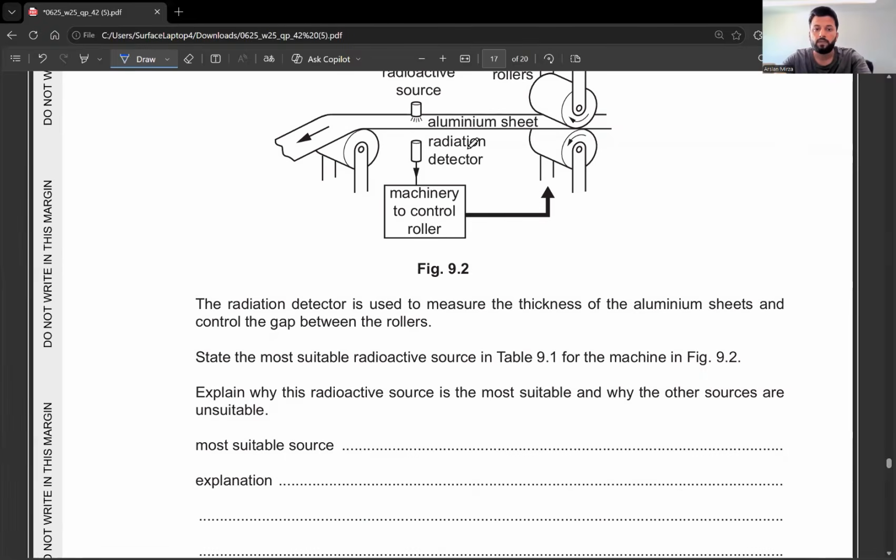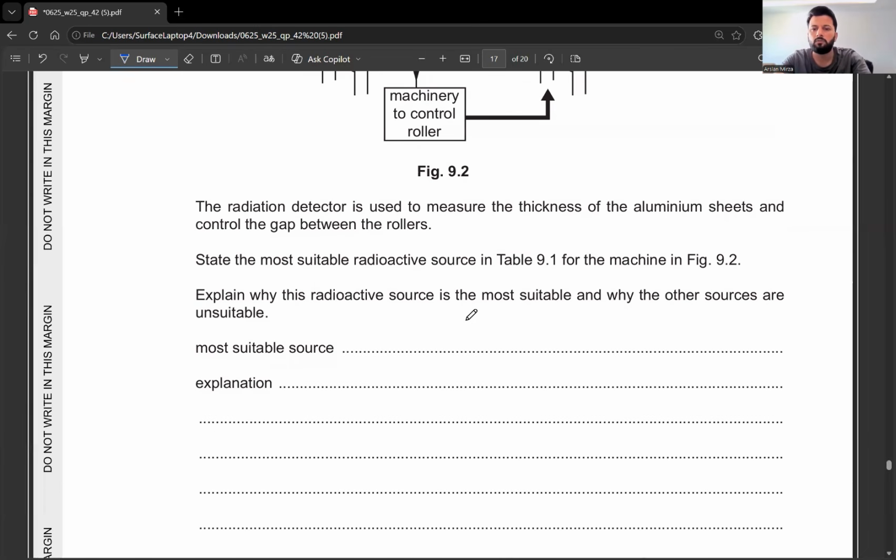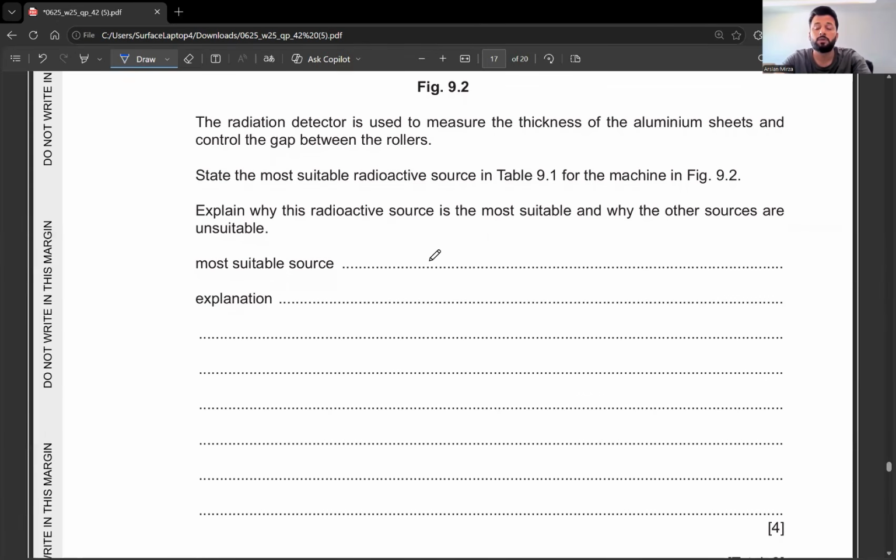Here is the source, in which some particles are passed, some particles are blocked. So the radiation detector is used to measure the thickness of the aluminum sheet. State the most suitable radioactive source in table 9.1 for the machine of 9.2. Explain why the radioactive source is more suitable and why the others are not suitable.